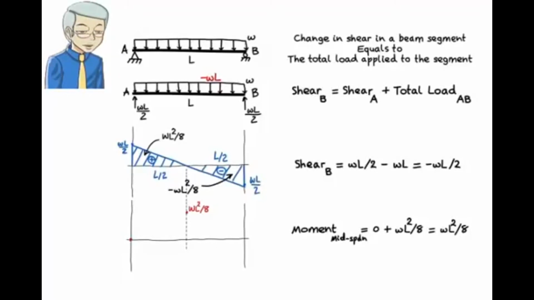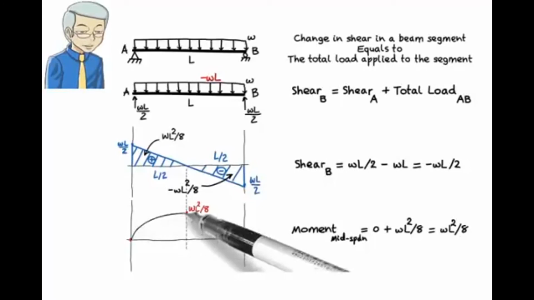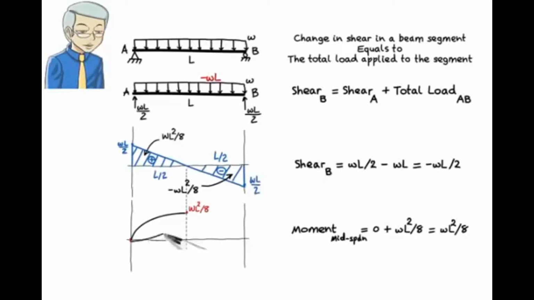But such a curve can be drawn in two ways, either this way or this way. As you can see, the first curve has a decreasing slope. The slope of the curve decreases as we move from left to right. The second curve has an increasing slope. Its slope increases from left to right.